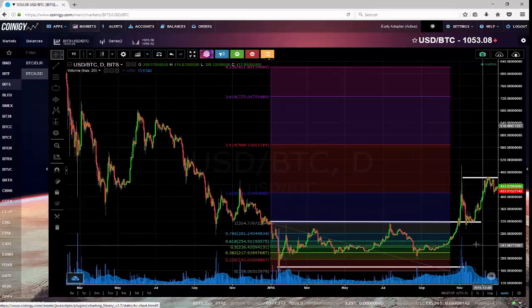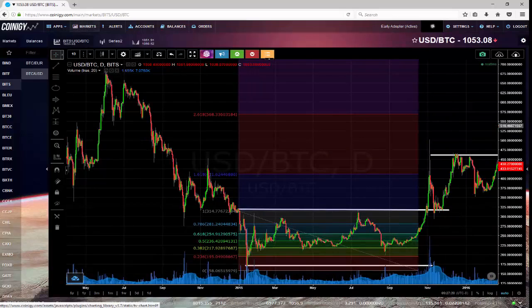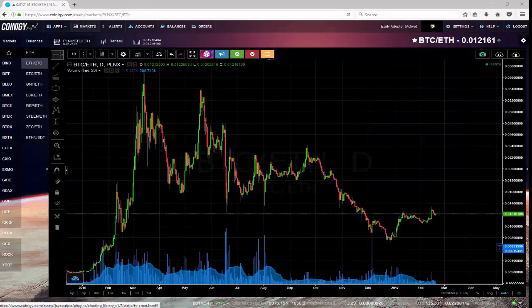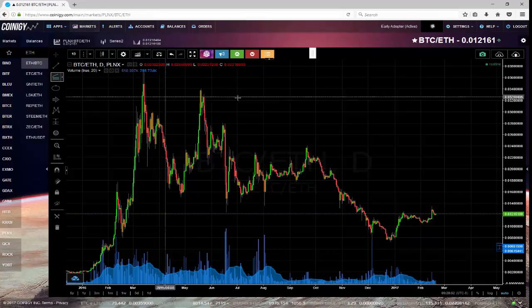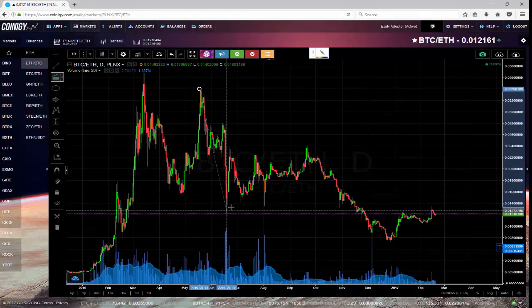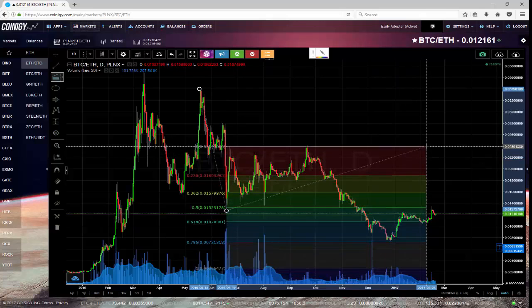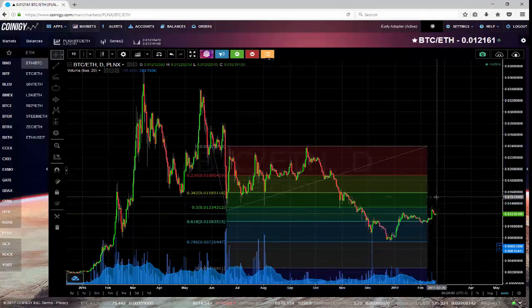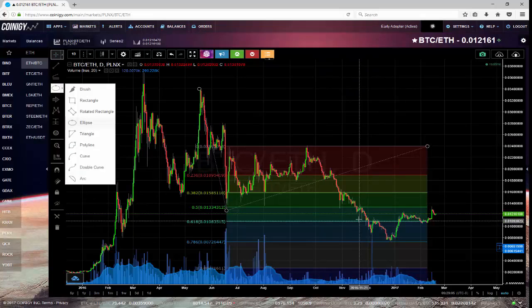You can do this on altcoins. So let me show you an example with an altcoin. All right, so here's Ethereum. Let's just use a fib extension. So let's say you were to buy at the sweet spot and start accumulating right here.